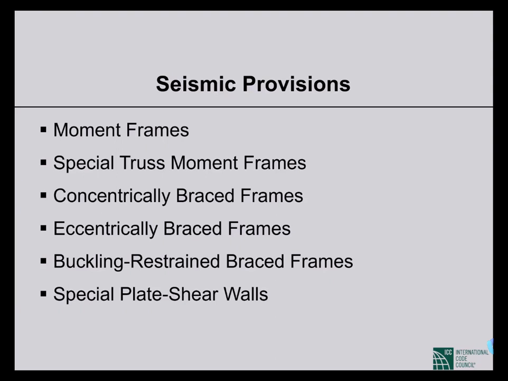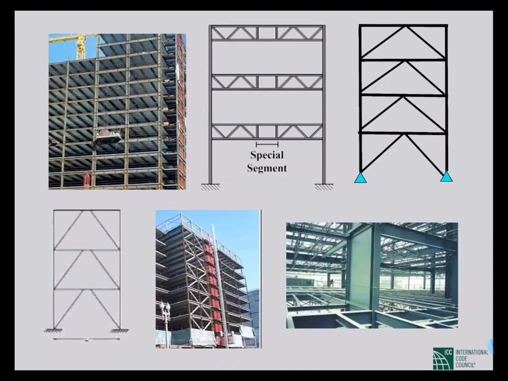Let's see some pictures of different types of systems. Moment frames at the top left. In the top middle, you have a special truss moment frame. Top right is a concentrically braced frame. Left bottom is an eccentrically braced frame.